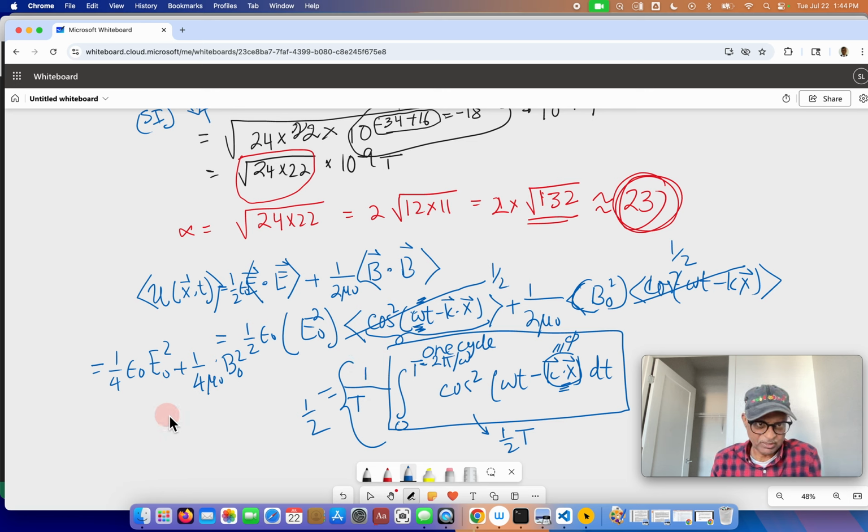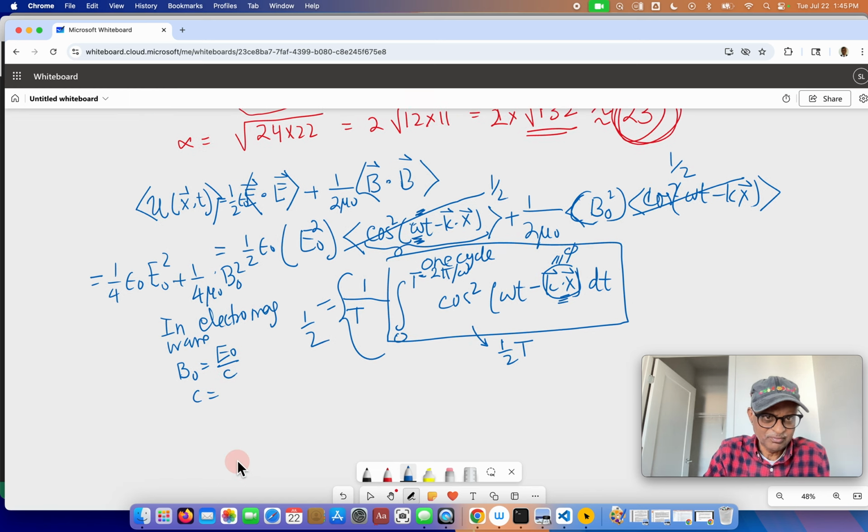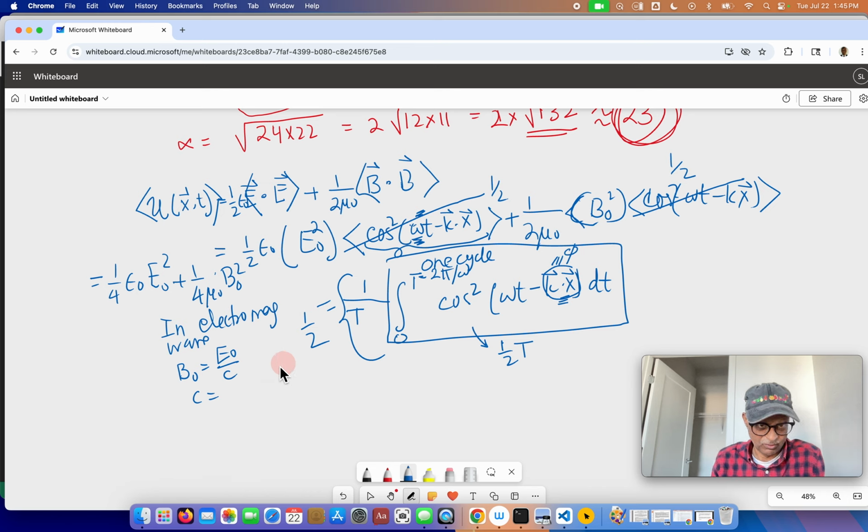And in an electromagnetic wave, the B0 magnitude is E0 over c. And what is c? c is 1 over the square root of mu naught epsilon naught.